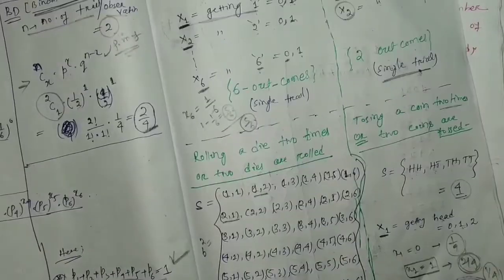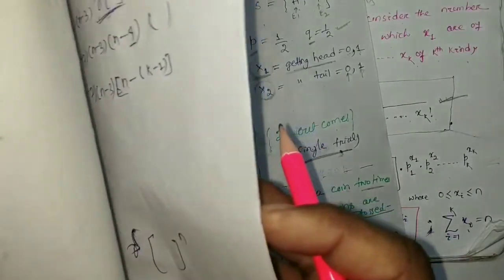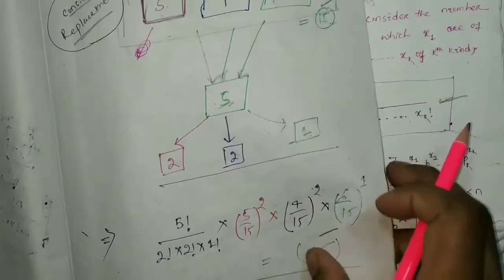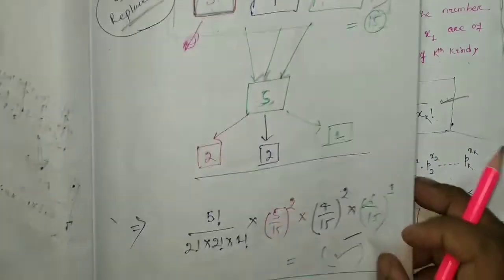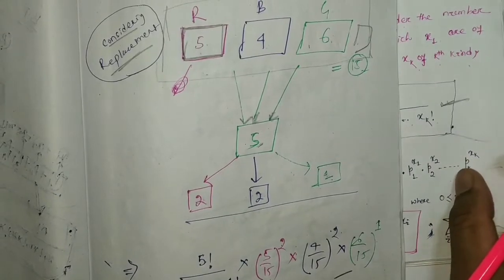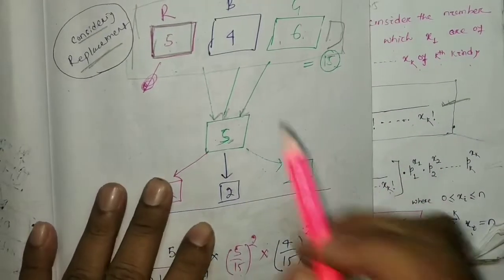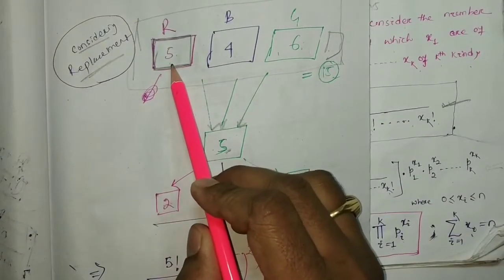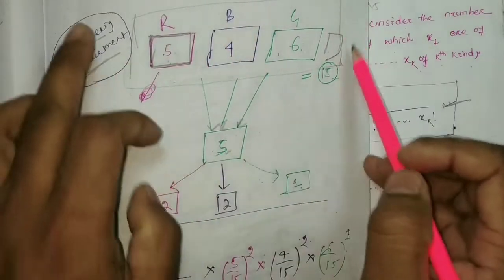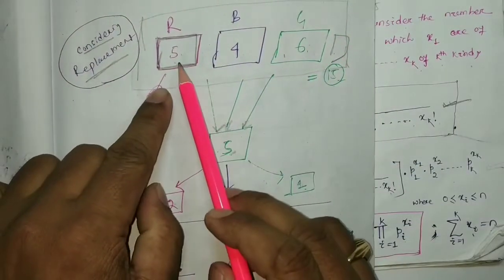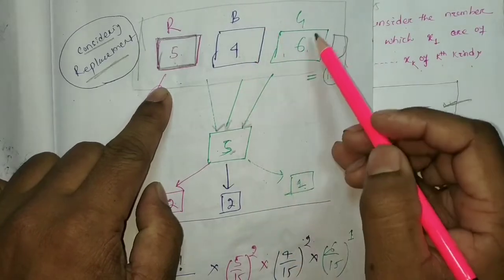And another example I am going to discuss with you, as I told, with replacement. What is the scenario here? You can see we have 5 red balls in a big bag, 4 blue balls, and 6 green balls.